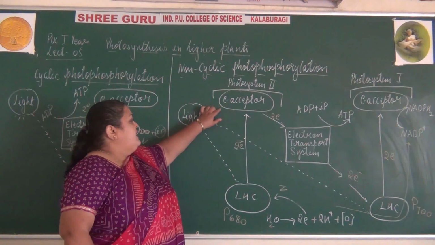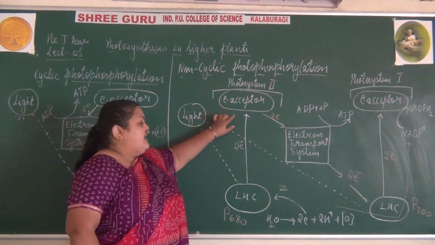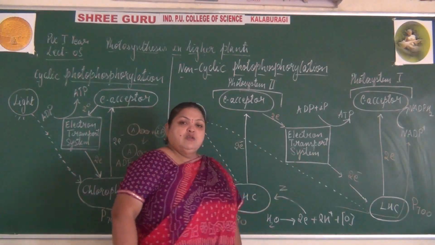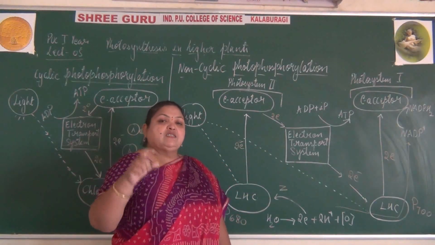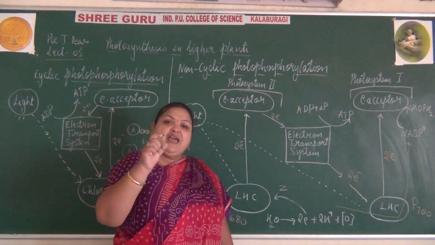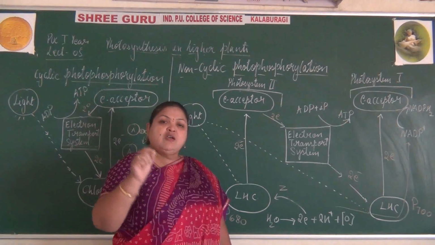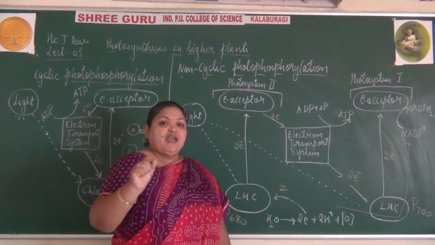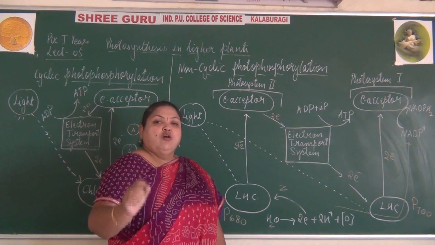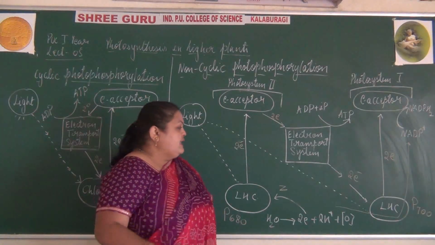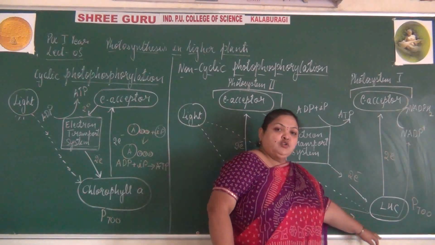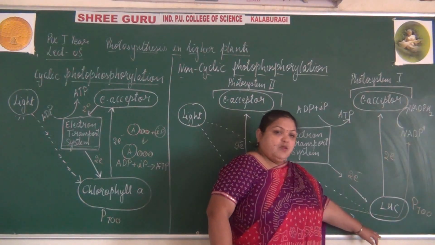From the primary electron acceptor, the electrons are passed to the electron transport system, where its protein complexes get charged and reduced on the acceptance of the electrons. Ultimately, the electrons pass to the photosystem 1.